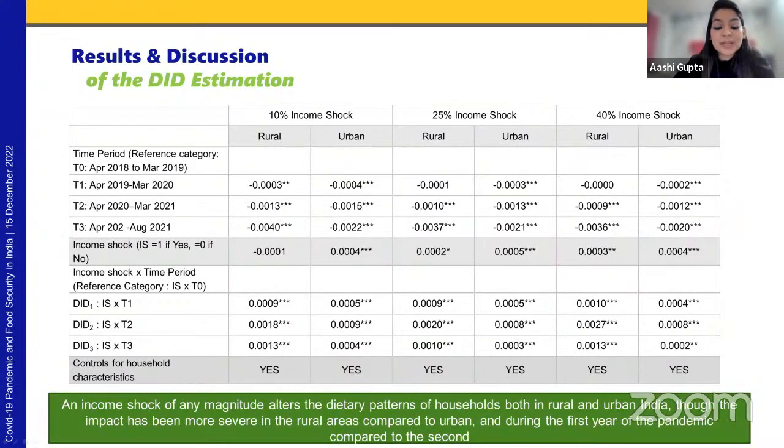The coefficient is majorly positive across thresholds in both rural and urban samples. The affected households, or the households that faced an income shock of varying thresholds, have a higher IDD, or a relatively more concentrated diet, than the unaffected, or as some people would like to call, the less affected households.